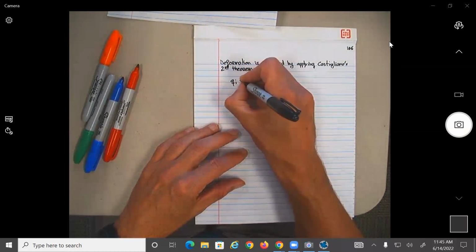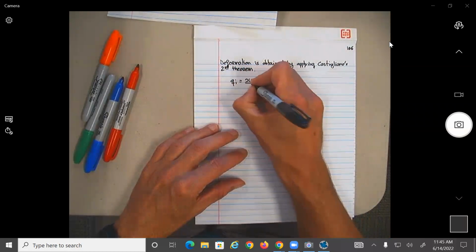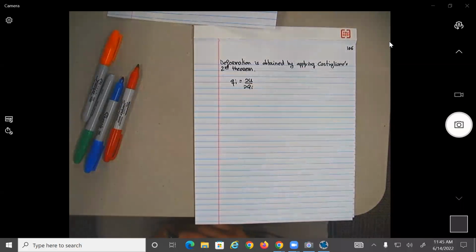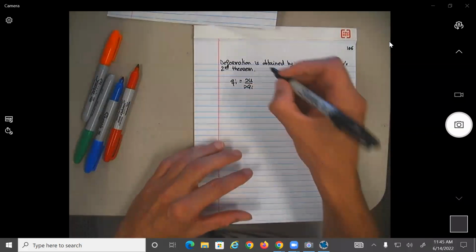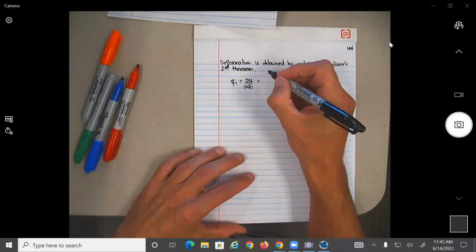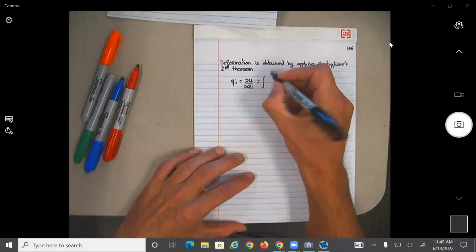Q sub I is equal to the partial derivative of the strain energy with respect to the force at that location. So this will give us what? So the first term will become what?